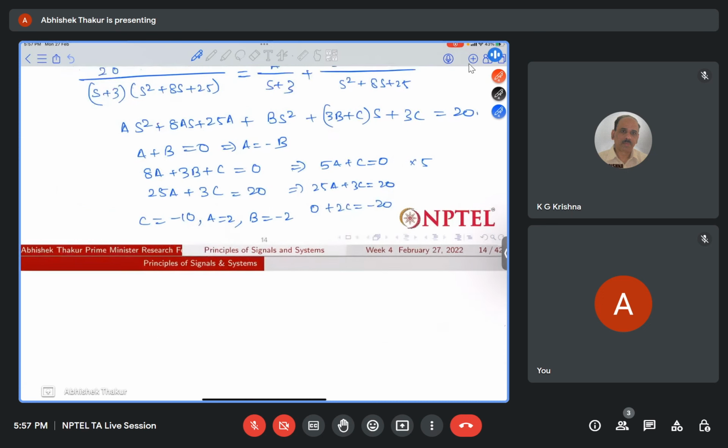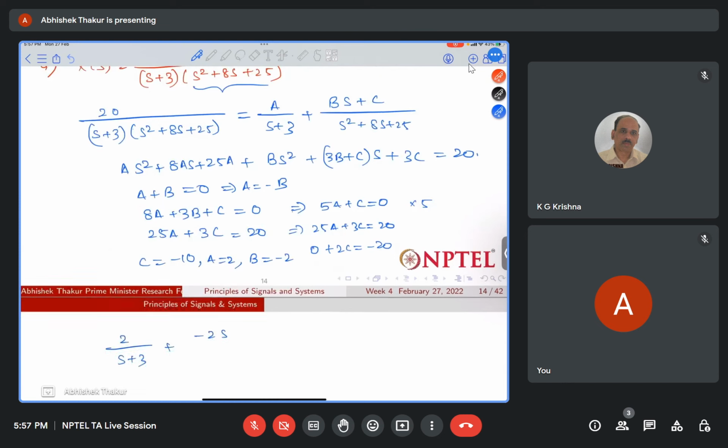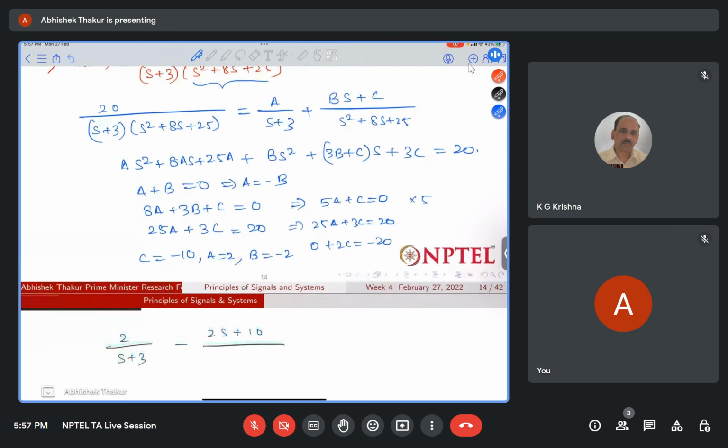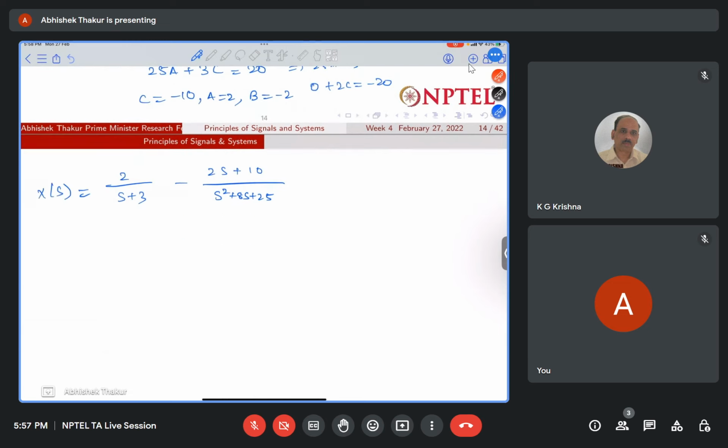Now we'll substitute this. We get A by s plus 3, that is 2 by s plus 3, and Bs plus C, that is minus 2s minus 10, divided by s squared plus 8s plus 25. So this is our X(s).